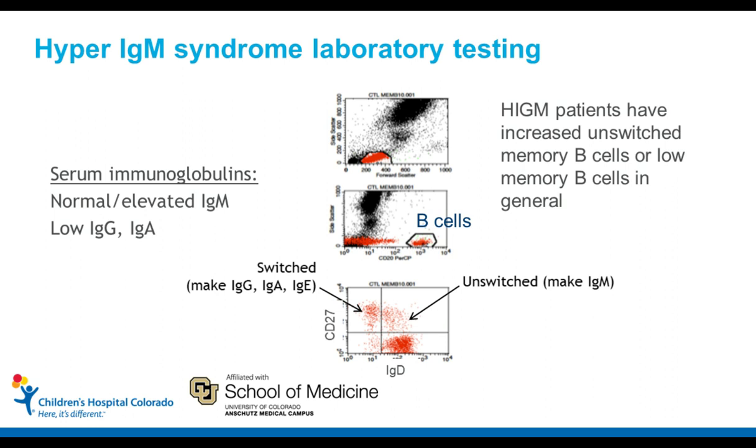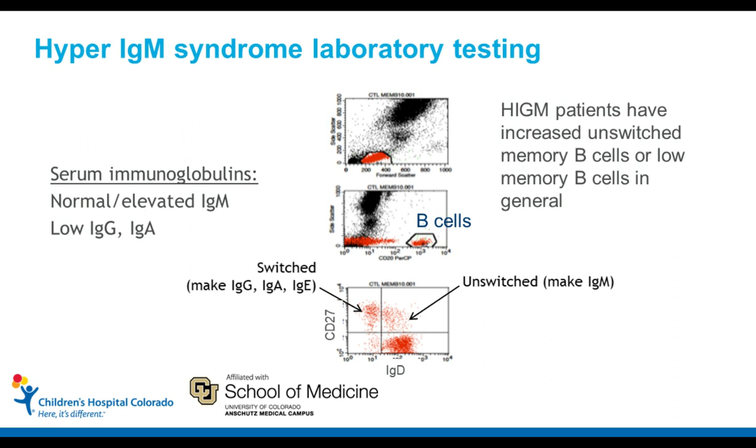In the lower plot, we can further subset B cells into unswitched B cells that express IgD on their surface and switched B cells that lose IgD expression and make IgG, A, or E. And they all express this molecule CD27. So they're all memory B cells, some of which make IgG, A, or E, and some of which make IgM.